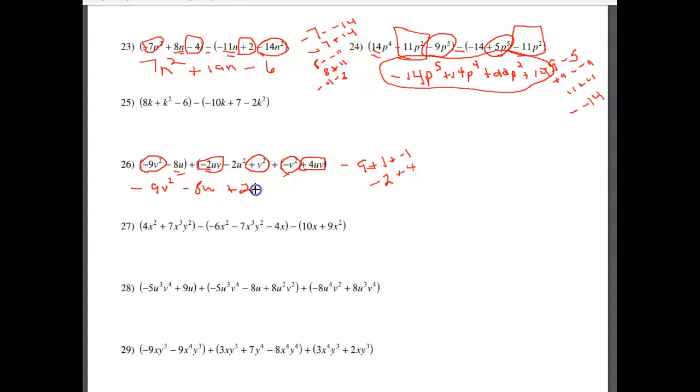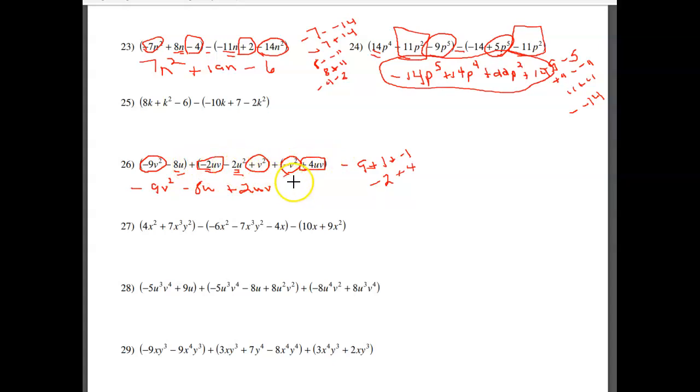And again, I'm not going to change the exponents, or am I going to change my variables? That's 2uv. Okay, and just looking through here, then that's done, that's done, that's done. I haven't done this one yet. So there's nothing there to combine it with, and it's being added.